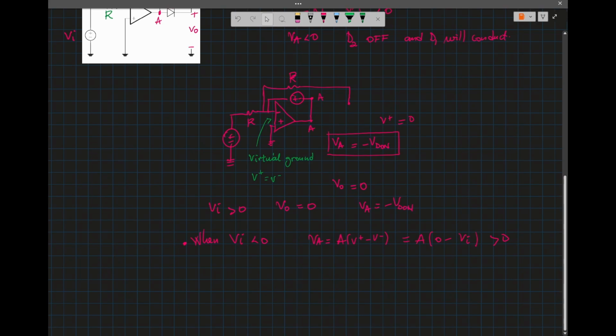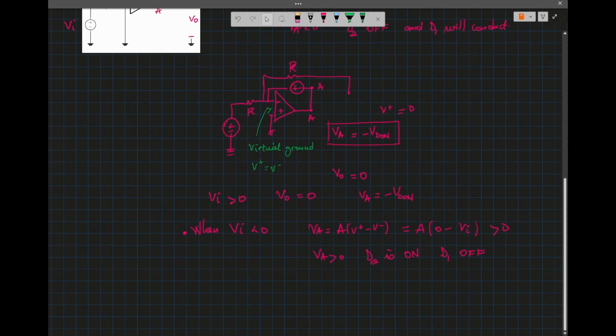So when VA is positive, D2 is on and D1 will be off, because A will have a positive voltage and V minus is negative, so the diode D1 will be off. So when D1 is off, what do we have?